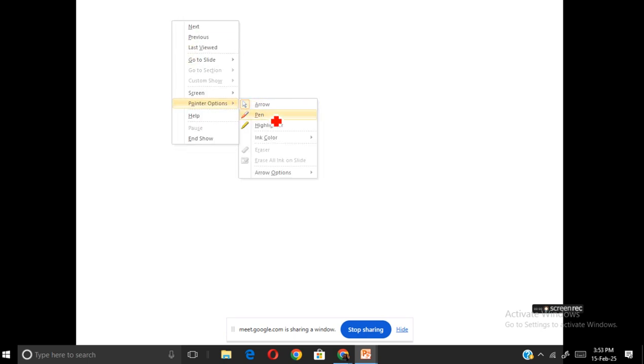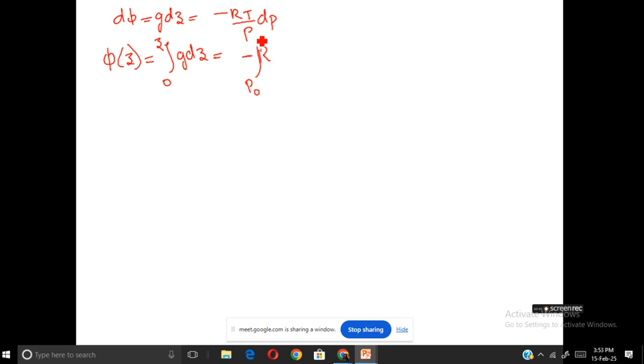Now if we want to find phi, the geopotential at a particular height z, we can integrate d phi. We now know d phi is g dz or minus RT by P dp. To find the geopotential at a particular height z, we integrate from 0 to z of g dz, which is equal to minus the integral of RT by p dp, where at z is equal to 0 the pressure is p0 and at z is equal to z the pressure is p.